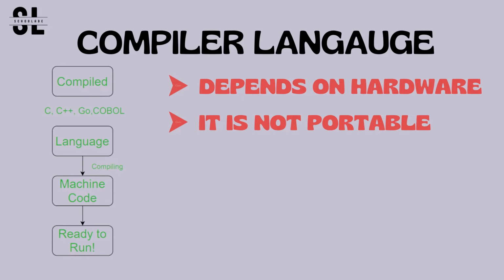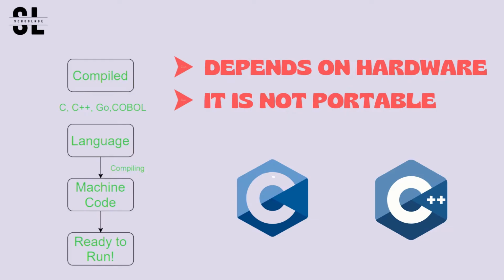Let's try and understand how a program or code in a compiled language is executed. First of all, a code written in a high-level language like C or C++, which are examples of a compiled language, is processed by a translator software called compiler.